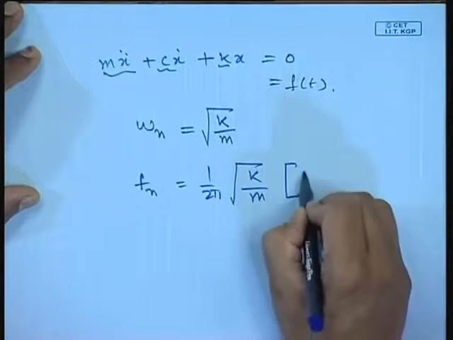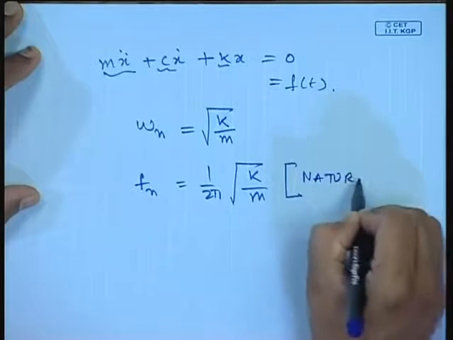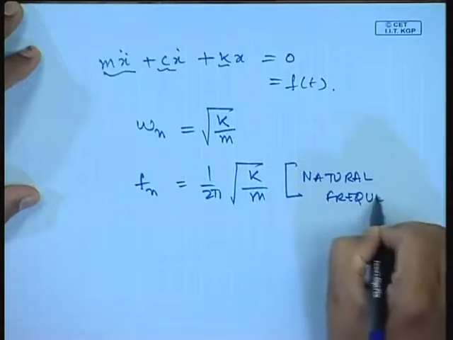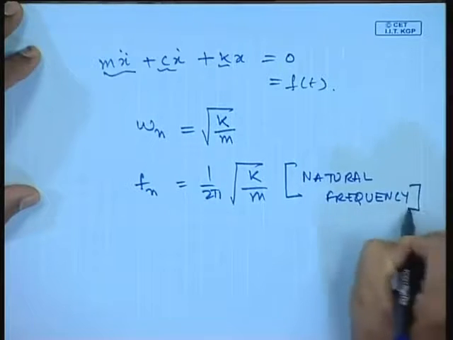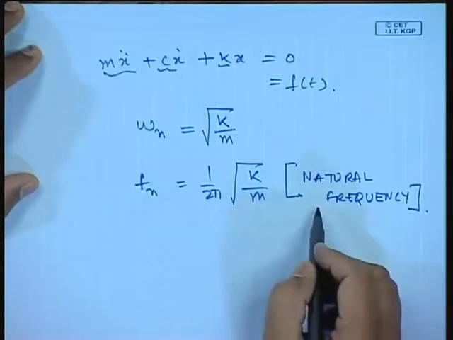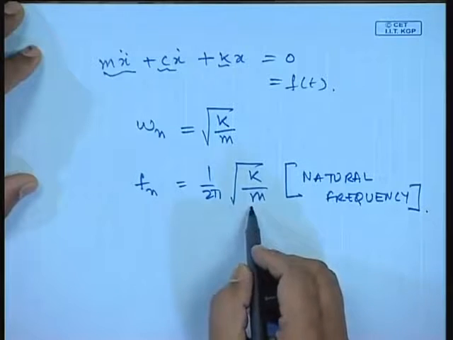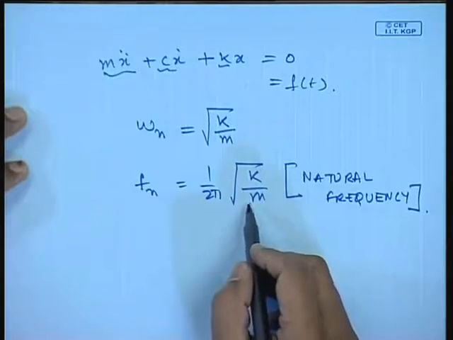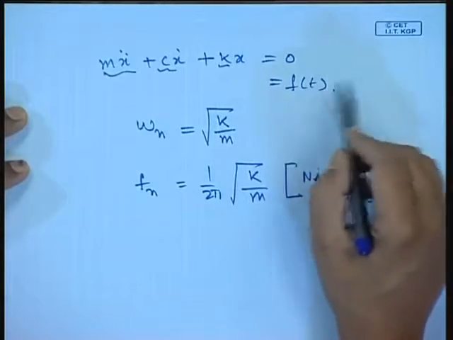This is known as the natural frequency of the system which is vibrating, and this is an inherent characteristic of the machine or the system, which is not going to change no matter what your forcing frequency is.